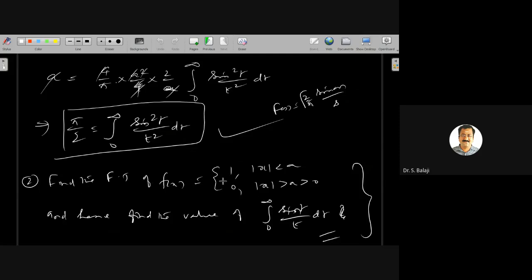Find the Fourier transform of f of x, and hence find the value of the integral from 0 to infinity of sin t by t dt. This is sin square t by t square earlier, but here it is sin t by t only. What is the value of this integral? Can you give the answer?